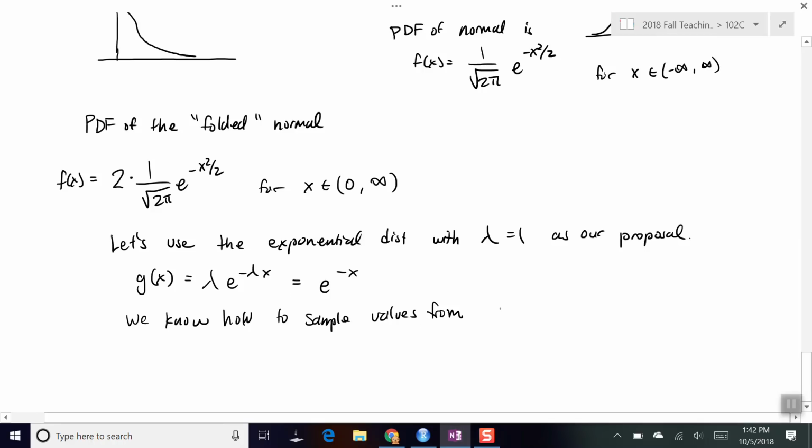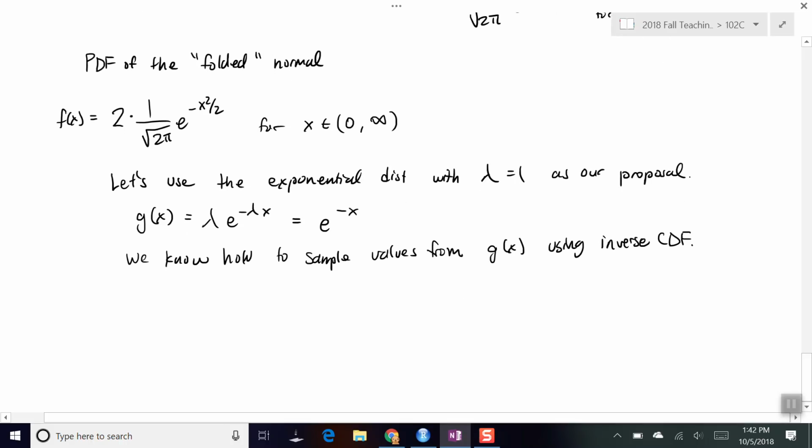Okay, so we know how to sample values from g of x using inverse CDF. So it's not a problem. Okay, so we've got g of x there, and this looks like this.